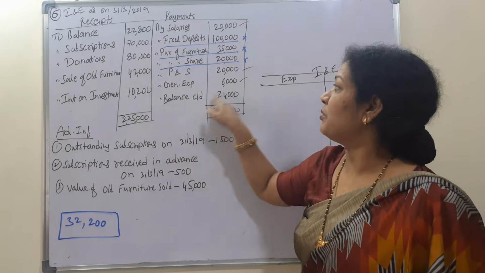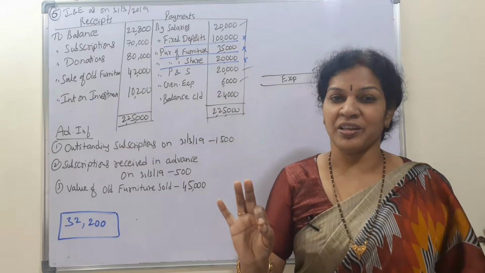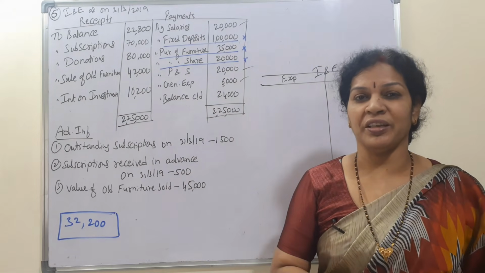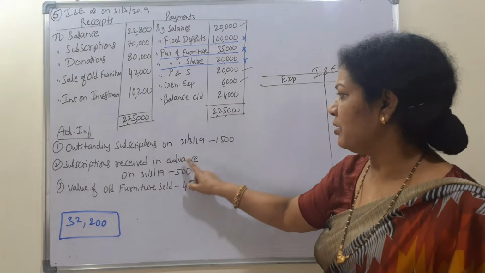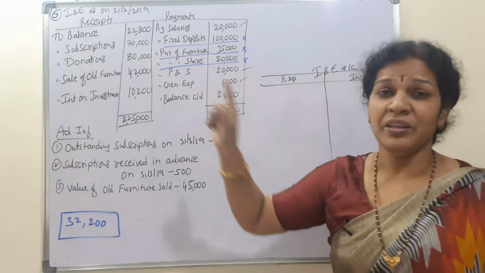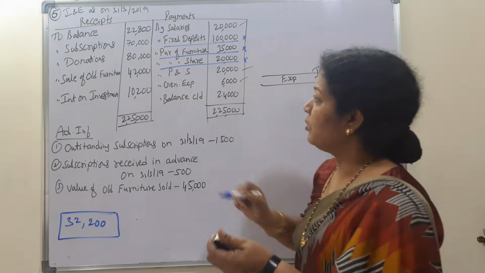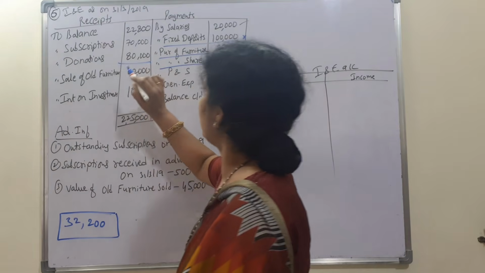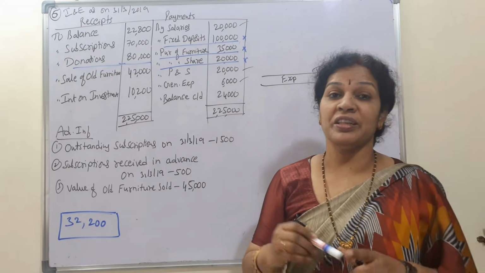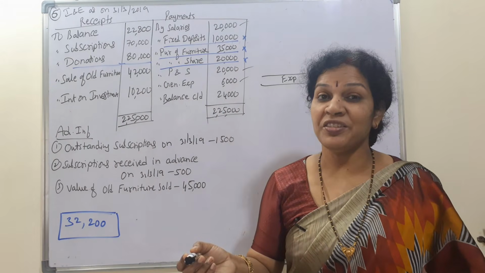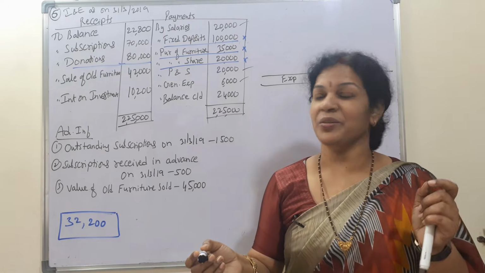Now you see the amounts, all the amounts are less, but the donation amount is high. Nothing is mentioned about donations, but anyway the amount is huge, so we have to take it into the balance sheet, on the liability side, as capital.